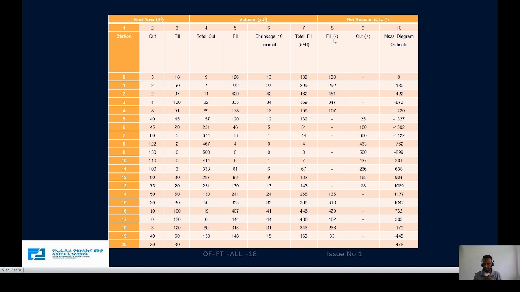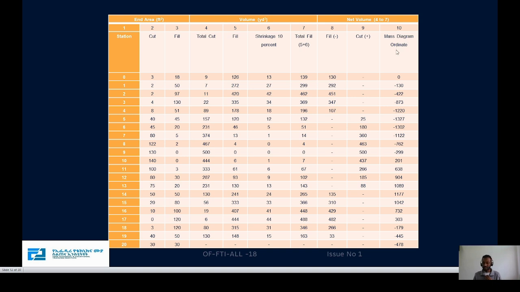It is negative. In a cutting section the value is positive, so this one is a cutting section: 157 minus 132, we get positive 25. It is a positive value.